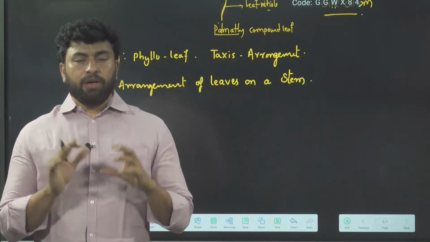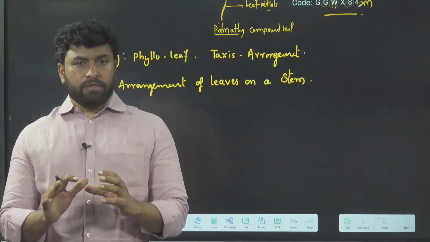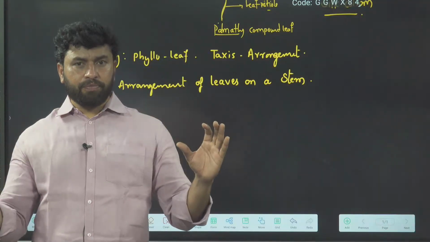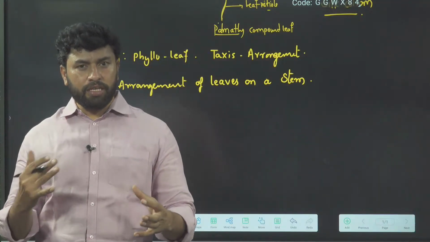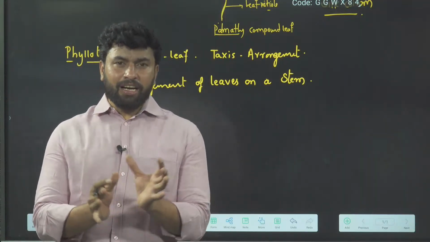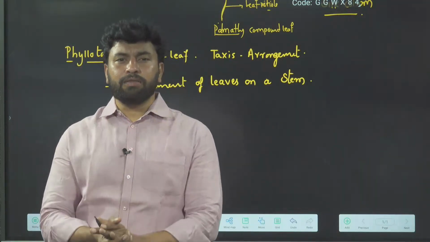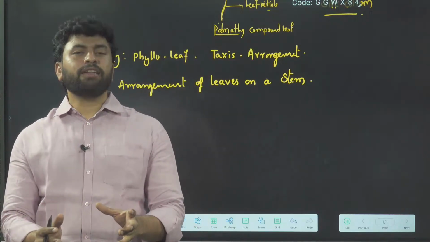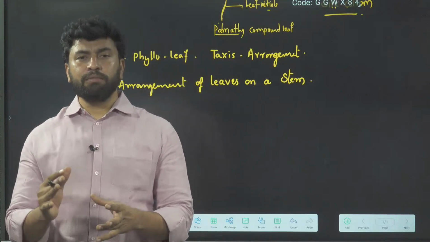First, leaves must always be exposed to the sun. Suppose a plant has produced a leaf and that leaf is hidden under some internal parts of the stem and not exposed to the sun. Then that leaf is going to become useless.